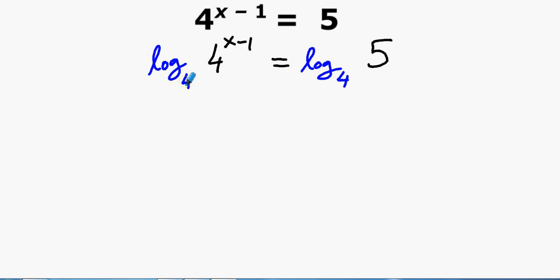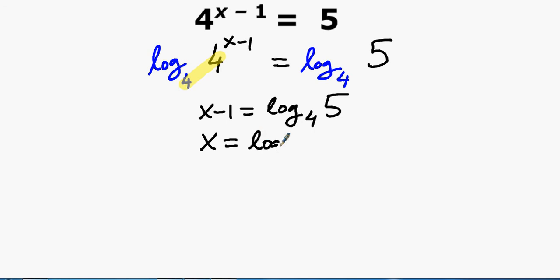So log base 4 to the power of 4 will just cancel out. So I'm just going to get x minus 1 on this side. x minus 1 equals log with base 4 of 5. So x equals log base 4 of 5 plus 1.